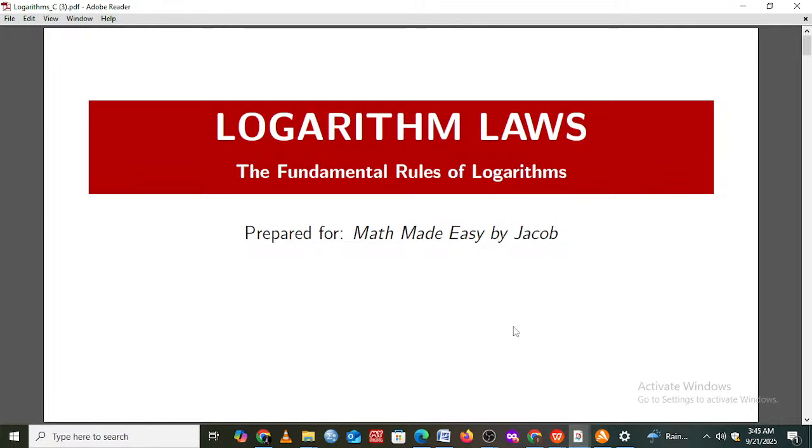So before I continue, I will start with the definition of logarithm. Now, before you talk about logarithm, you need to make reference to what we call index, which is indices.